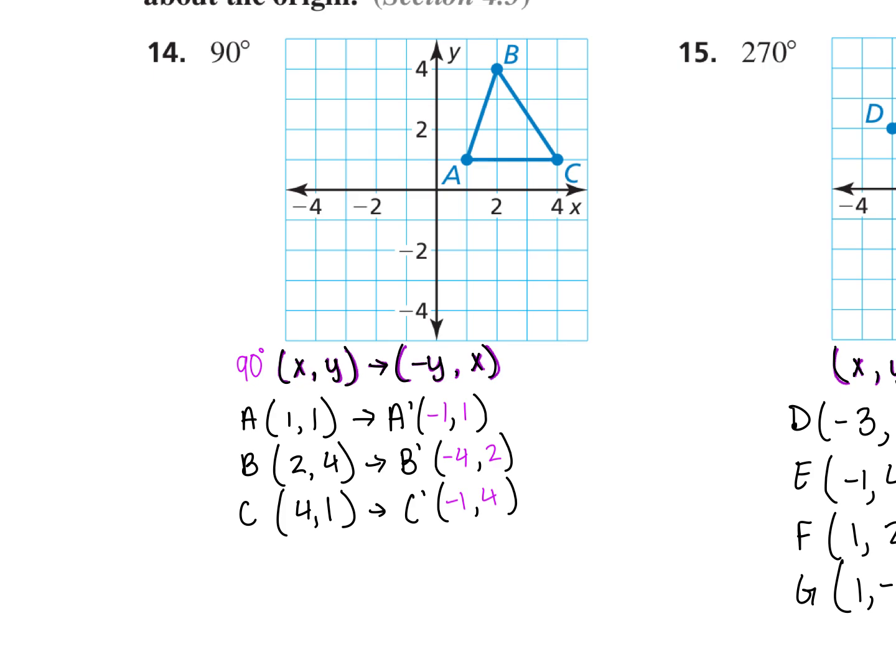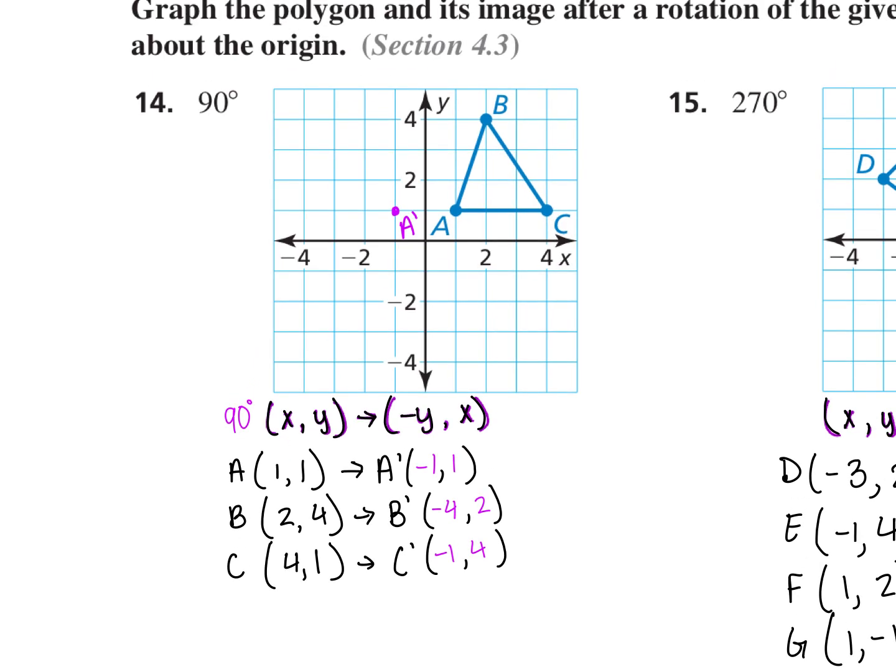So graphing, this is going by 1s. Here's A, B, right here, and C, -1, 4. That's what your graph should look like.